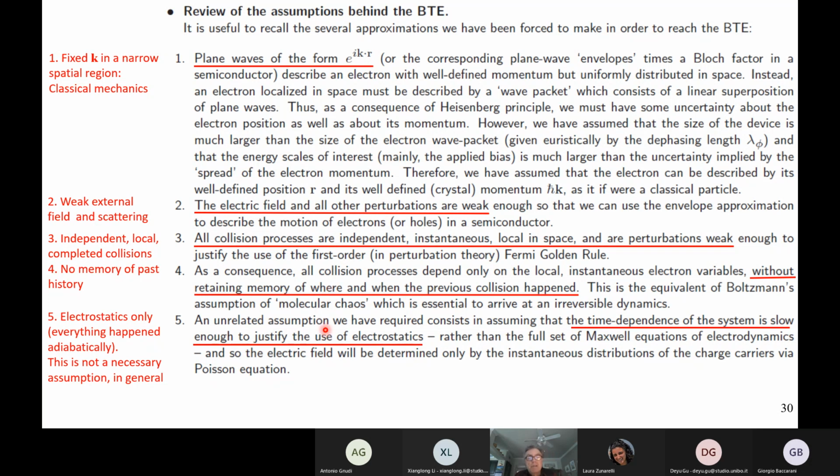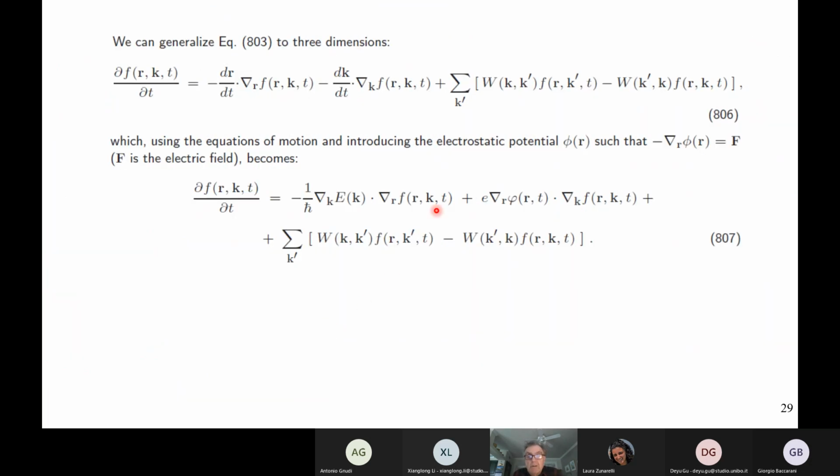There is another one which we will make all the time, and I will not talk about it much more. We assume that the electric field that I have here is obtained by solving self-consistently with my transport equation electrostatic problems, so the Poisson equation, and not the Maxwell equations, except in a case in which I'm dealing with laser simulation, for example.